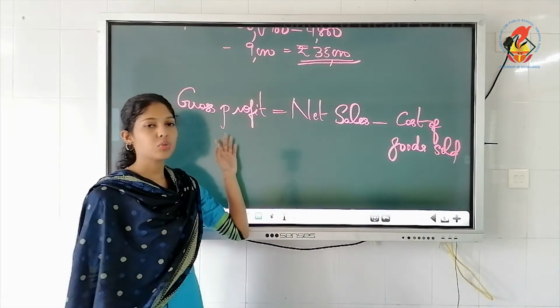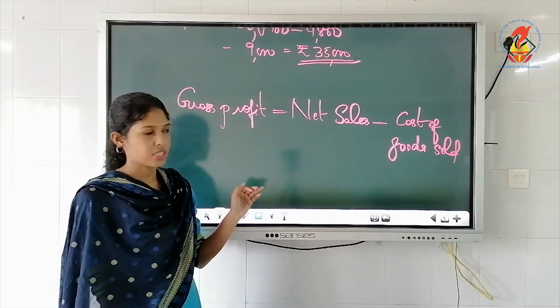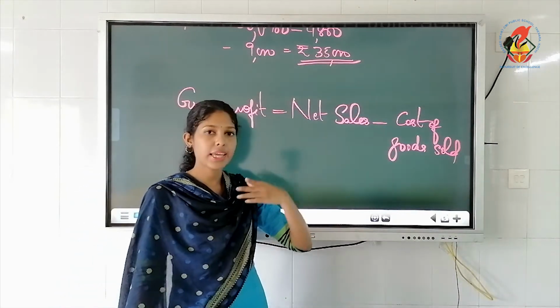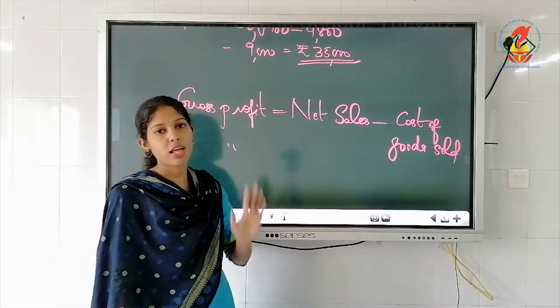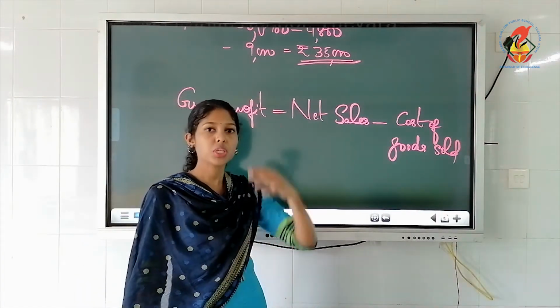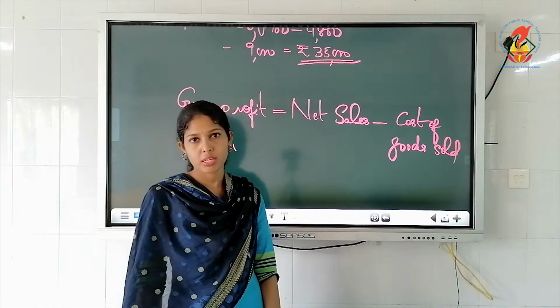In this way also you can get the gross profit. If net sales and cost of goods sold are directly given, you can just apply this formula and get the value of gross profit. No need to do the entire format and all.